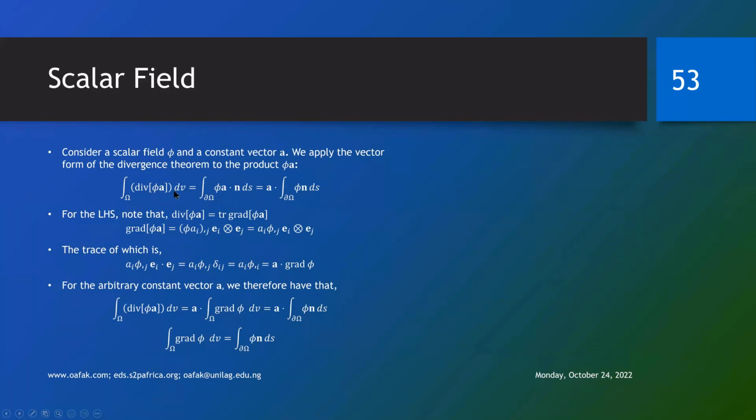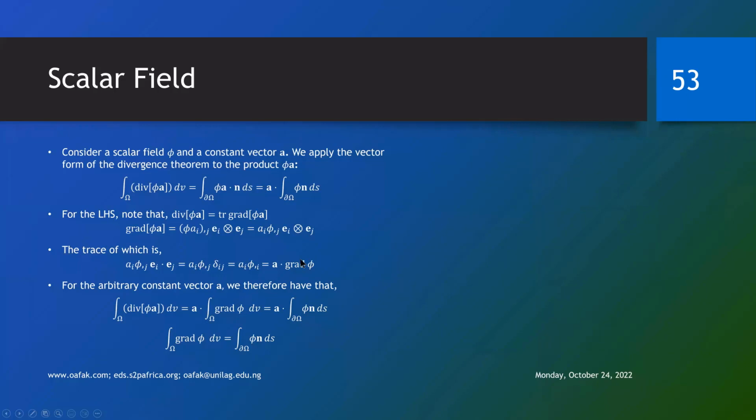If you take the trace of what we have in this equation now, you have A_i phi,j e_i dot e_j, which is simply A dot grad phi.